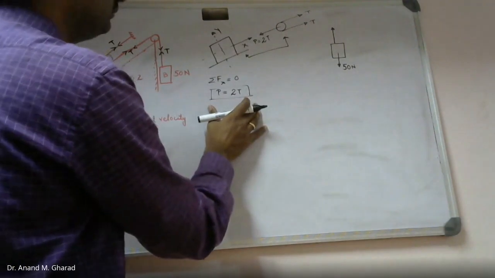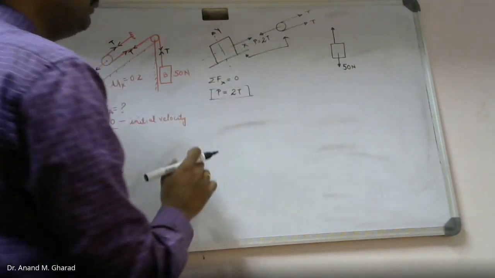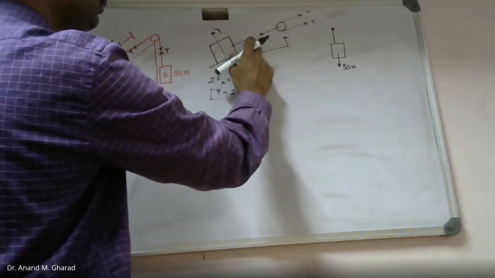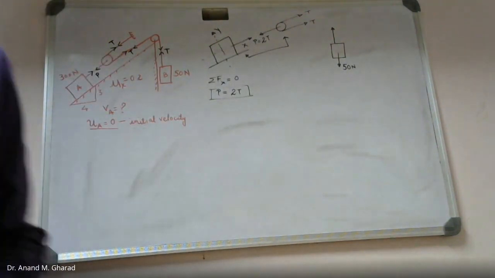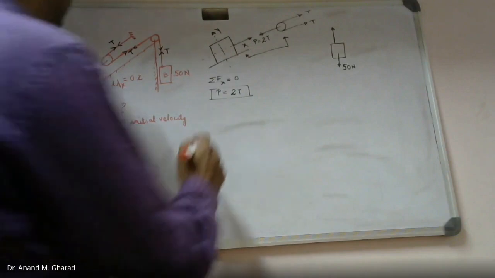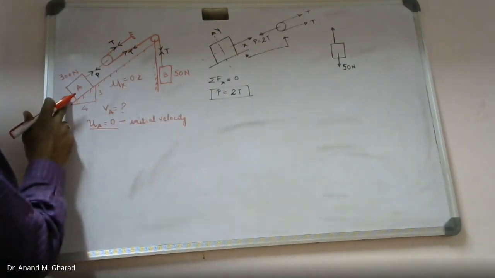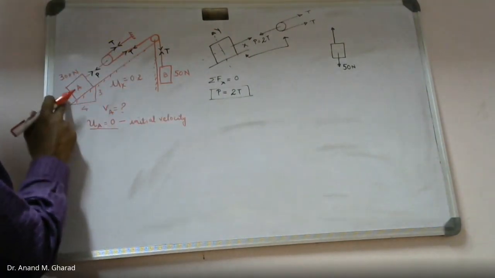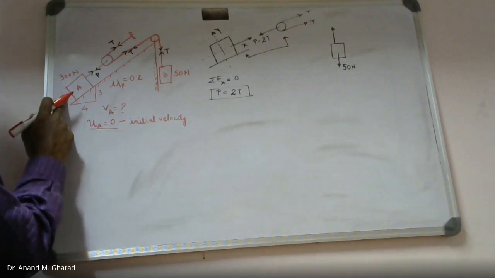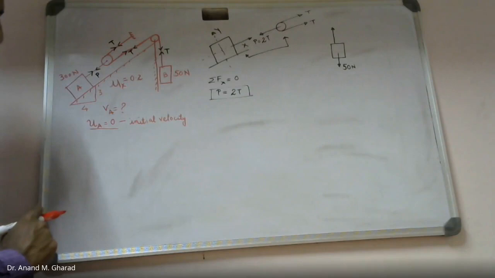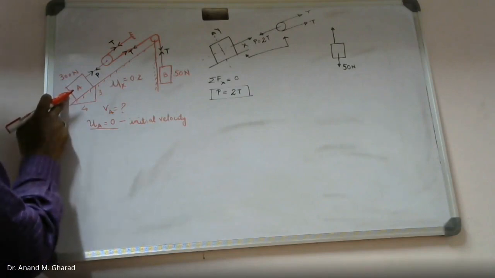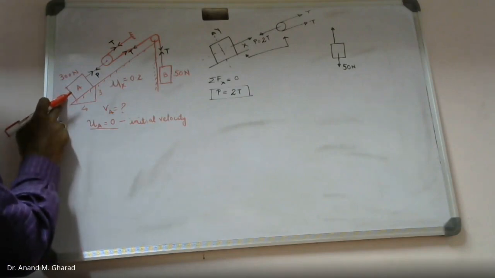After this, once you have identified the force in this thread or this rope, then the given condition says you are supposed to identify the velocity of block A if it moves down the plane by 1 meter distance. Displacement of this block is actually mentioned, and how much it is mentioned?